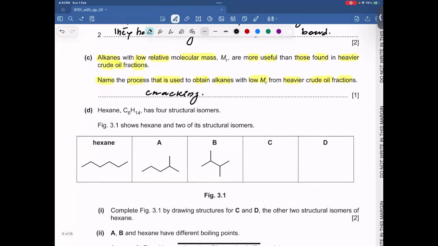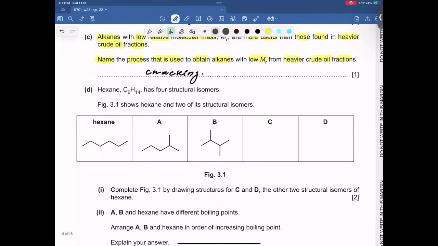All right. Hexane has 4 structural isomers. By the way, during the lecture, I have given you the information regarding this also. The examiner can ask this question, and look, in November 2024, variant 22, he has asked the question, right? So let's talk about isomerism, structural isomerism. Since alkanes don't have any functional group, alkanes don't have any positional isomerism or functional isomerism.